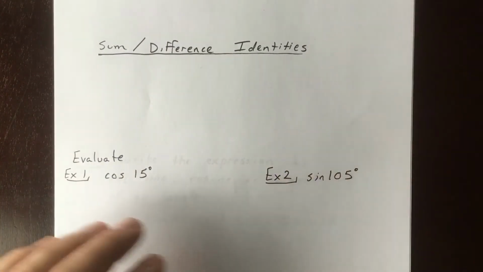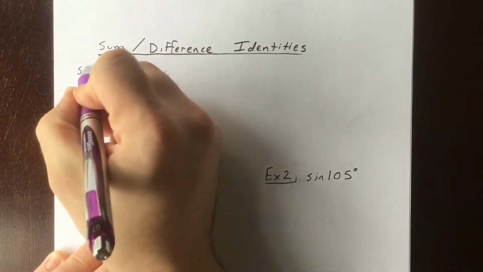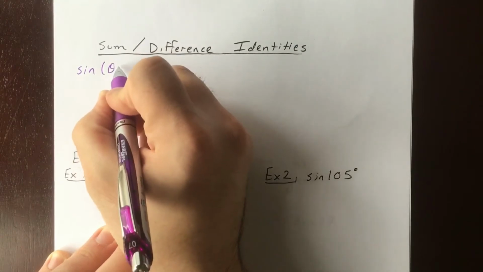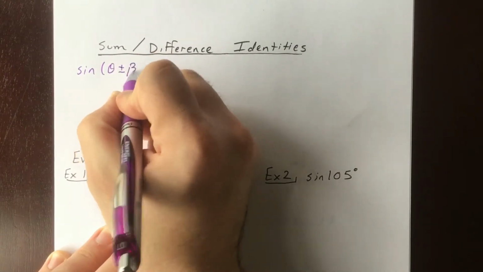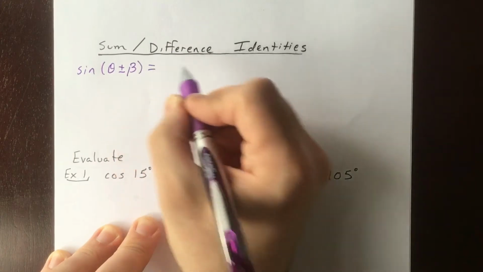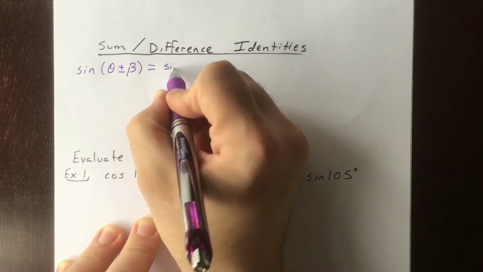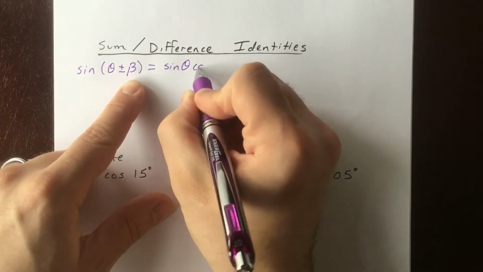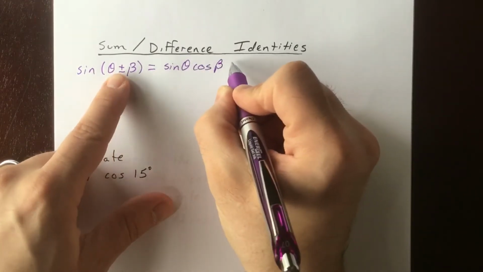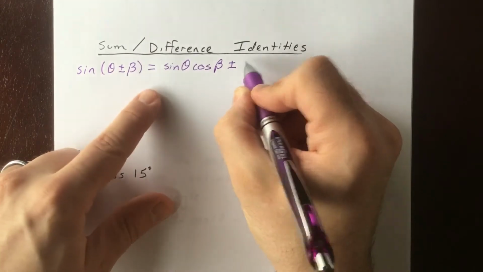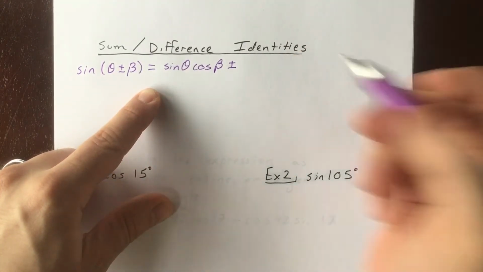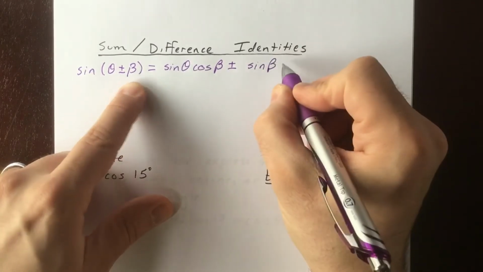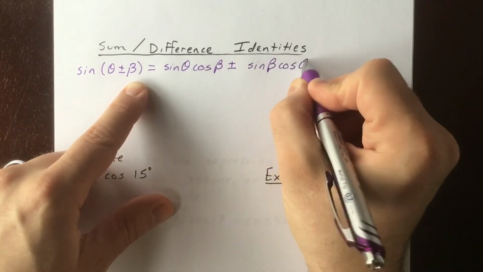The first is our sine identity. So for sine of two angles, theta and beta, sine of theta plus or minus beta will equal sine of theta multiplied by cosine of beta plus or minus the sine of beta multiplied by the cosine of theta.